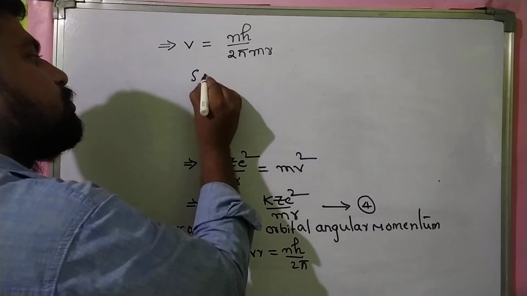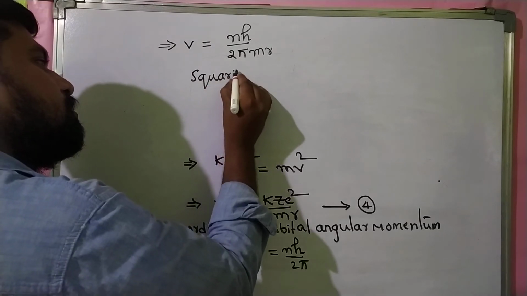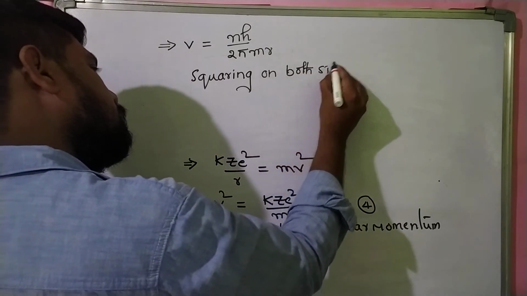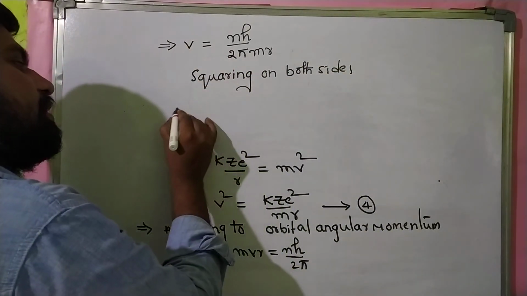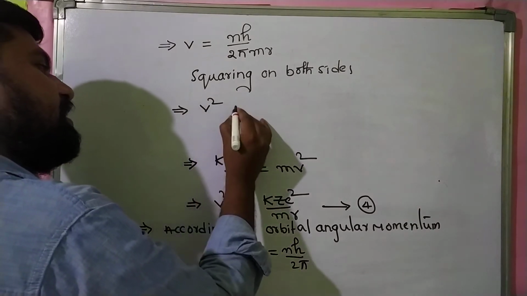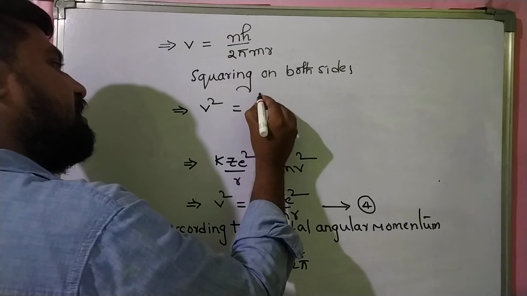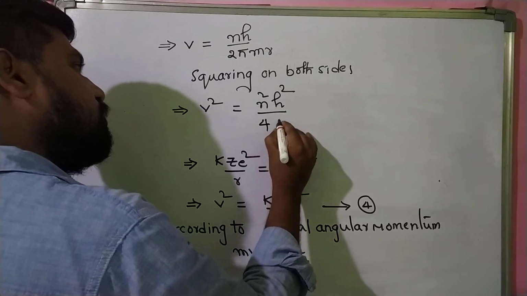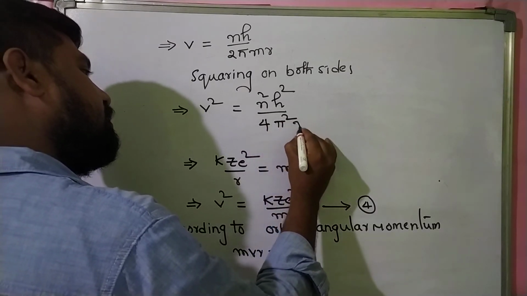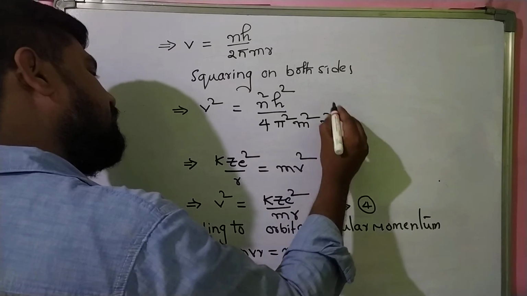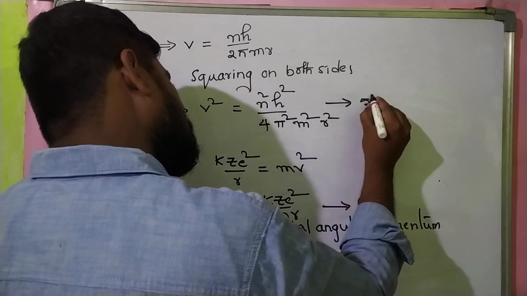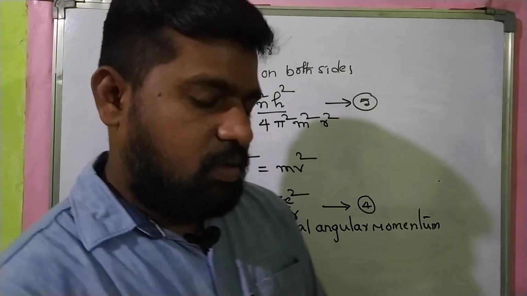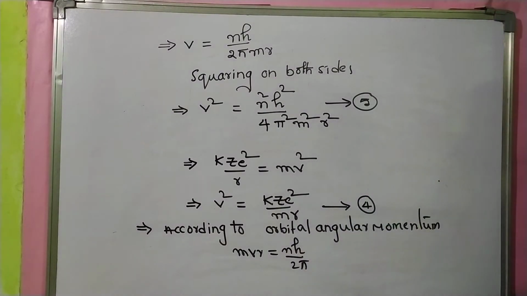Now squaring on both sides, we get V square equals n square into h square by 4 pi square m square into r square. This is given as equation number 5. Please write. Very, very important.